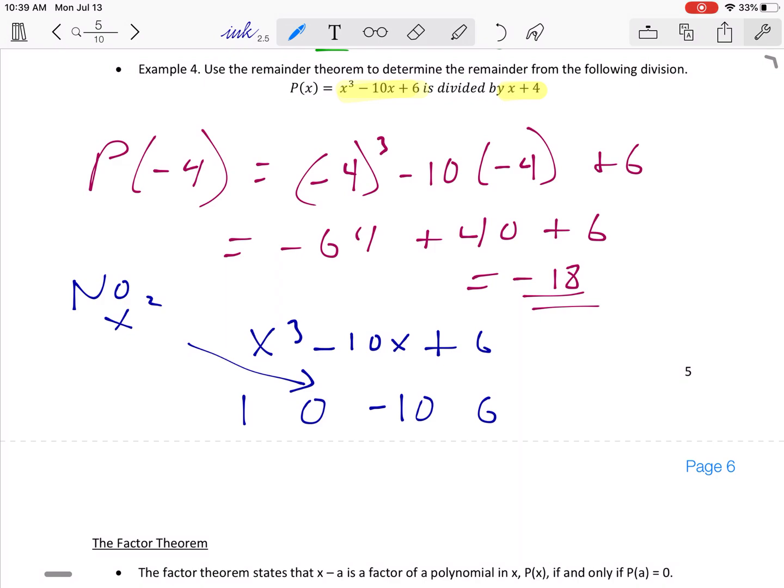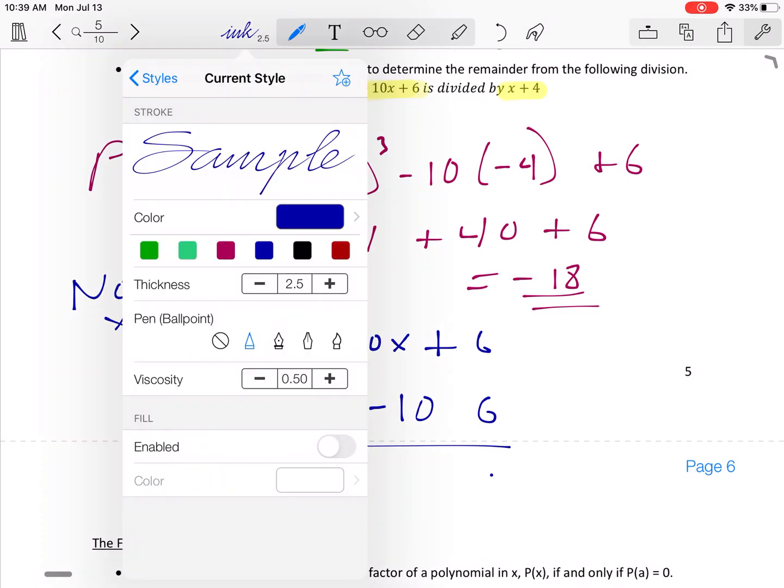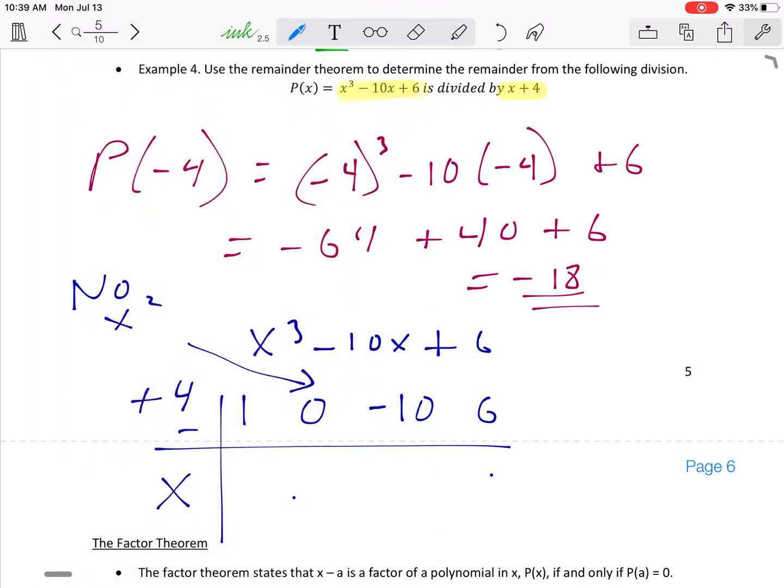Okay, so this one here, because it's x plus 4, you get a negative 4 here. So this is what you're going to be subtracting by, and then this is your x. So again, same idea, you just drop the numbers down. So 1 times 4, and then 0 minus 4.